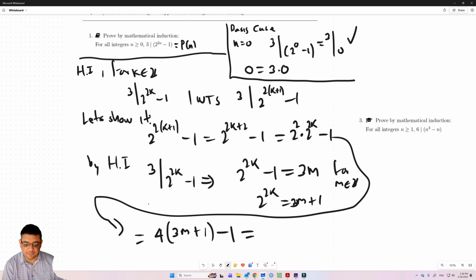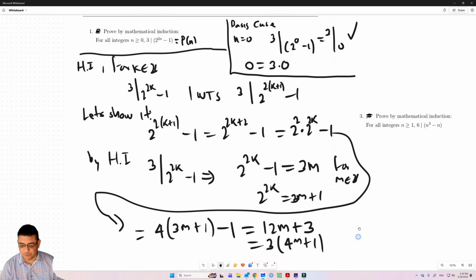If I simplify this a little bit, this is going to be 12m plus 4 times 1, 4, minus 1, 3. Now notice that this is 12m plus 3, which I can factor the 3 and see it as 3 times (4m plus 1). So as you can see, this is divisible by 3.